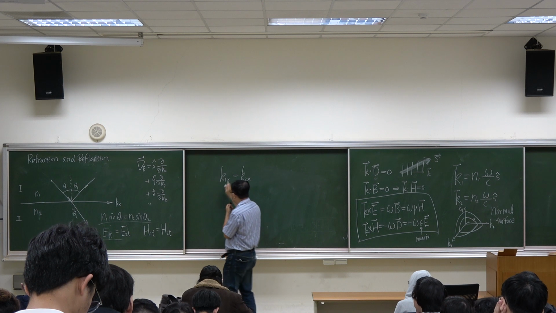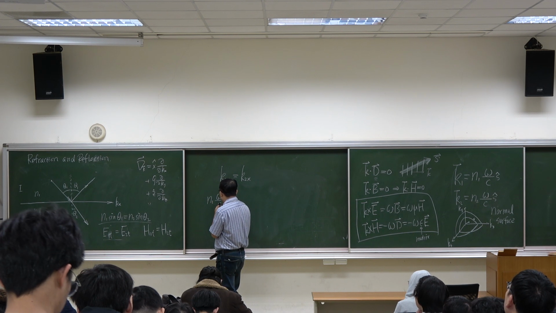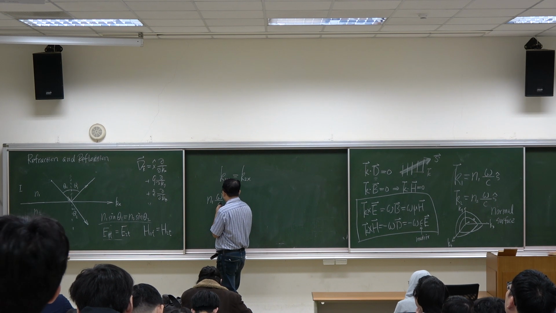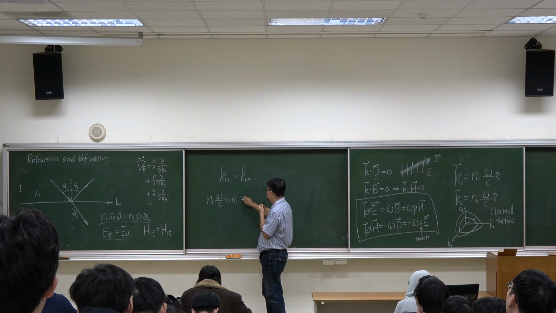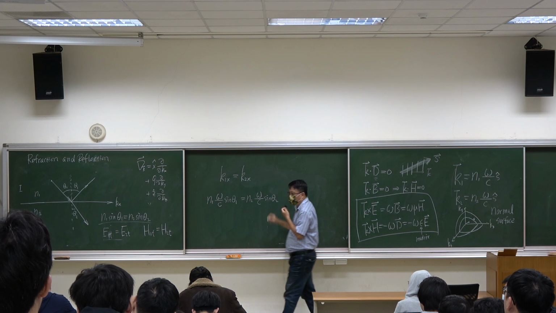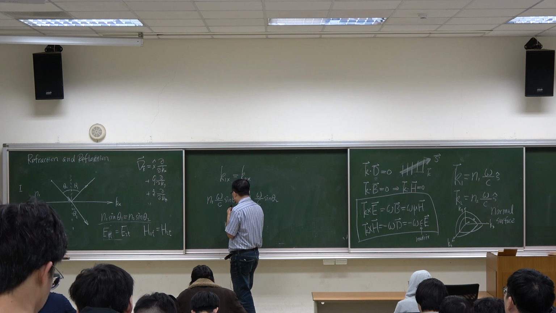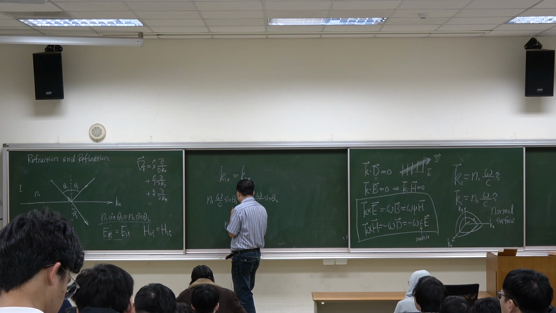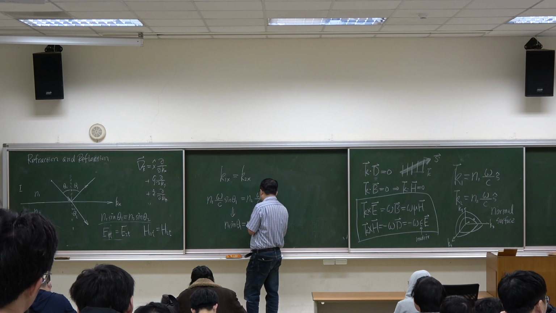And since K1x is n1 omega over c times sine theta 1, and K2x is n2 omega over c times sine theta 2, from the result you can conclude that n1 sine theta 1 is equal to n2 sine theta 2.